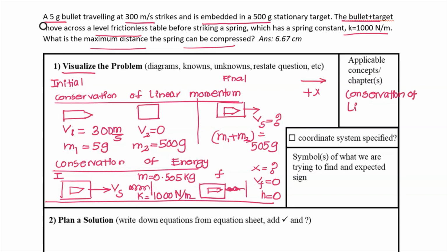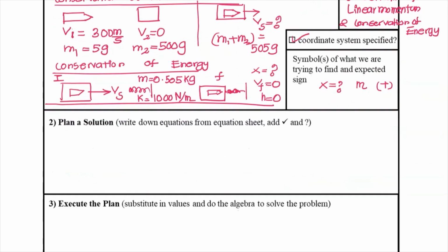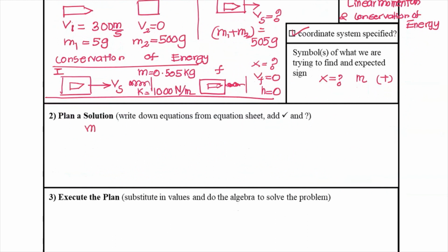We are going to use conservation of linear momentum and conservation of energy. Have we specified the coordinate system? Yes, I have taken right as positive. I have also shown the height equal to 0 level on my conservation of energy diagram, and we are trying to calculate x, measured in meters.